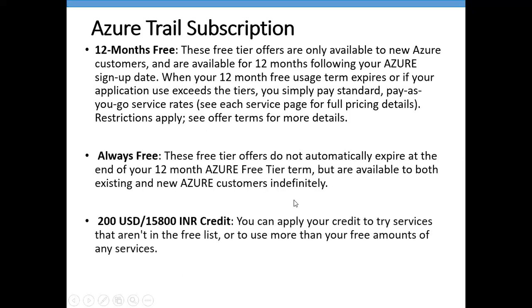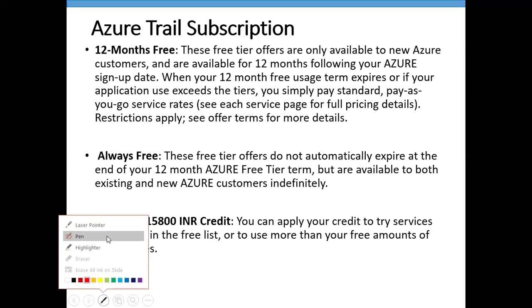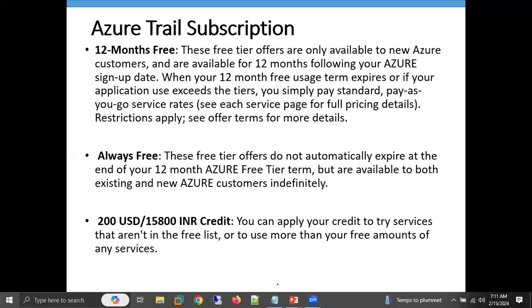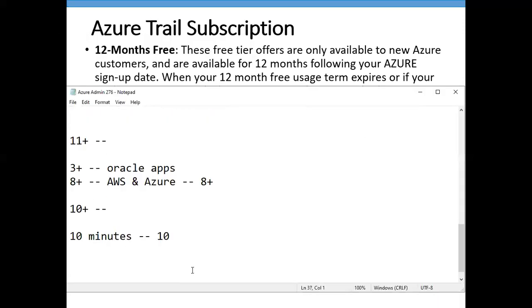Whenever you create your Azure account, you will get some subscription benefits from their side. For the first 30 days, you will get a credit of 200 US dollars, or in Indian rupees, about 15,800 rupees.